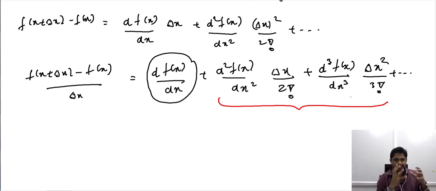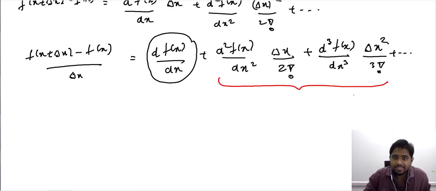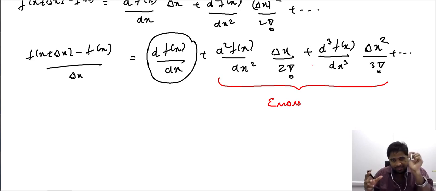So we have considered the forward difference approximation, and we have expanded the individual terms associated with it, and we see that in addition to the derivative that we are primarily interested in, there are additional terms, and these are referred to as the error terms. So these contribute to the error when we approximate a given derivative using forward difference approximation.